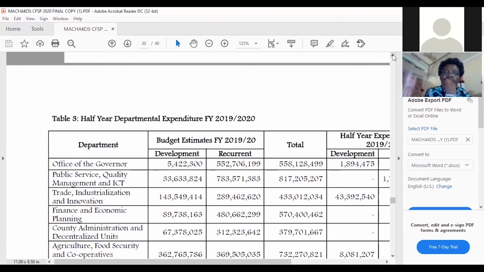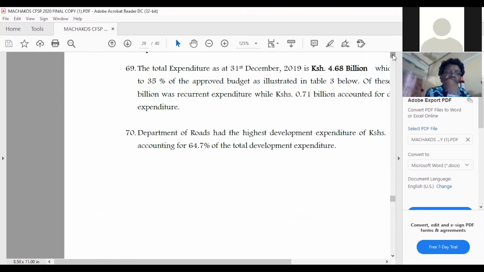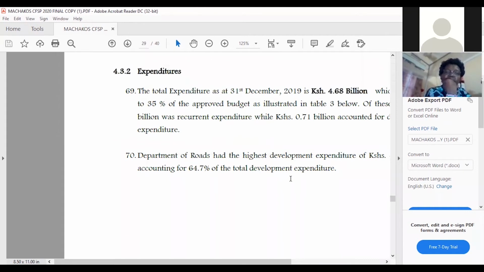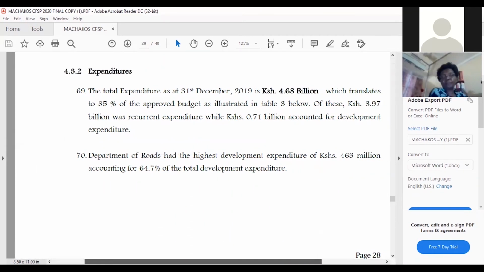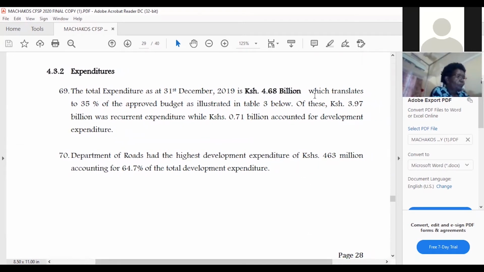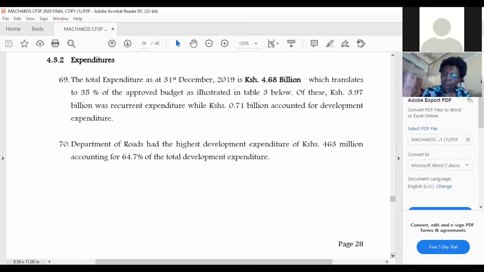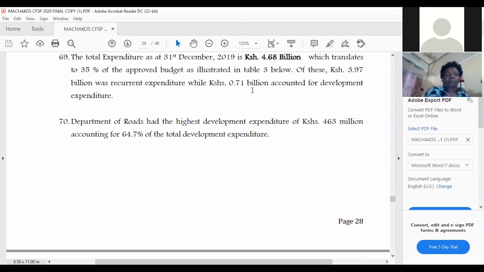That's why you're seeing here, they are saying that for the first half of the year, of the 4.68 billion, 3.97 billion was recurrent expenditure for the day-to-day running, while 0.71 billion, which is 30%, was accounted for development expenditure. And you hear that the development expenditure, even though it is more like this, most of this was used for the Department of Roads.